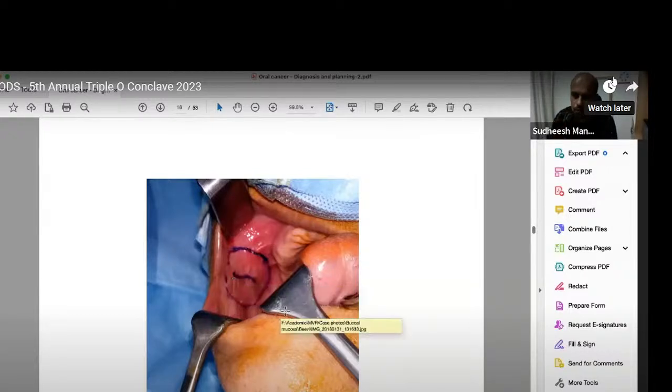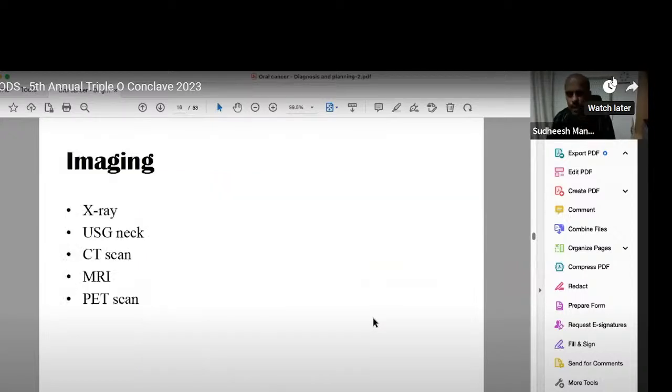In such a scenario, we take the scar as a lesion and give a 1 centimeter margin to the scar, which is actually removing excessive tissue unnecessarily. We don't know how much we are removing. It's difficult to assess the depth of the lesion. So never ever do an excision biopsy if you are suspecting an oral cancer. That is a very, very important thing when you consider biopsy. So I hope that is clear.